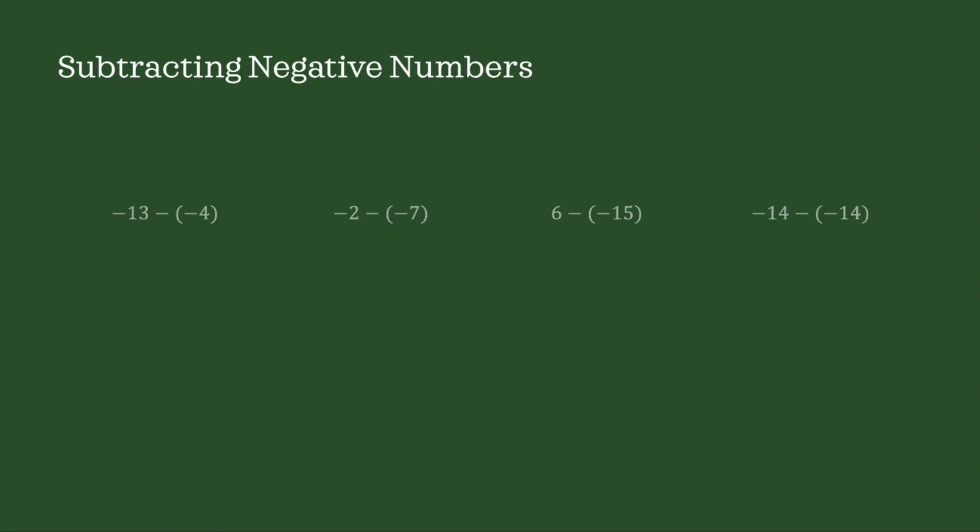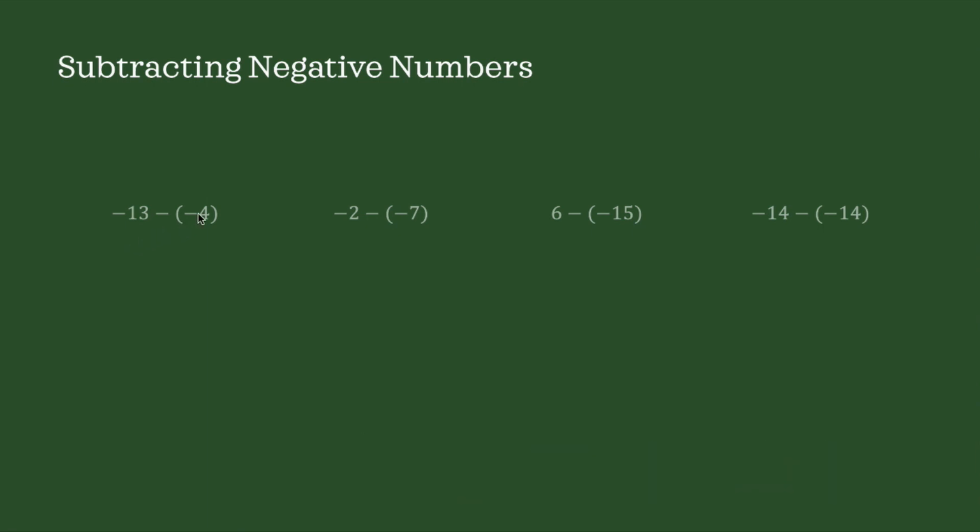Alright, I'm assuming that you've tried some of them. So let's do this first one. Negative 13 minus negative 4. This is an example of a negative number minus a smaller negative, or a larger negative, I should say, but when you're ignoring the two negative signs, once again, 4 is less than 13. So this is going to result in a larger negative.